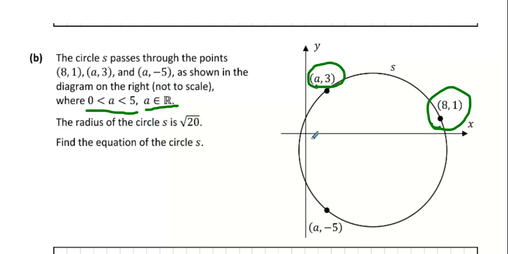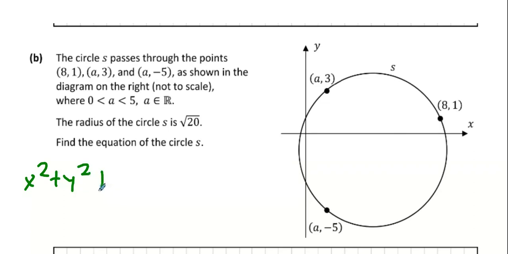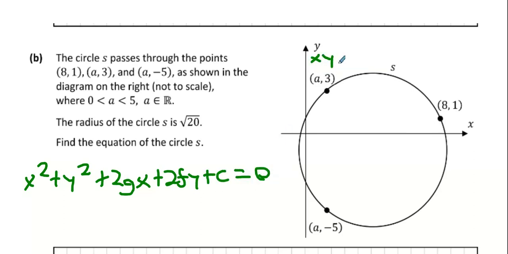Now, here's what we've got to think about. Where have we seen this before? 3 points and the equation of a circle. We actually used the g f c method for this, okay? We've done one similar to this before, but never with the missing letter like this, okay? Now, this is what I'm going to use. And I'm just going to start inputting x and y values into each one. How many equations will I get when I keep replacing x and y into this formula?